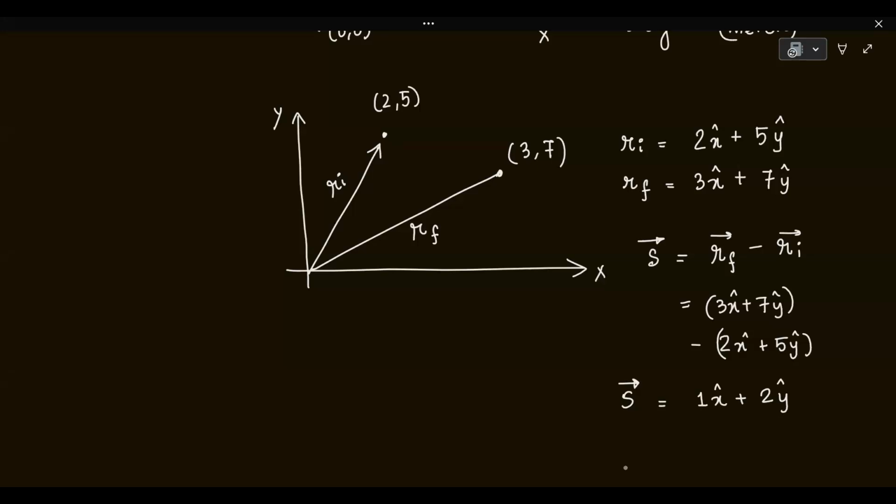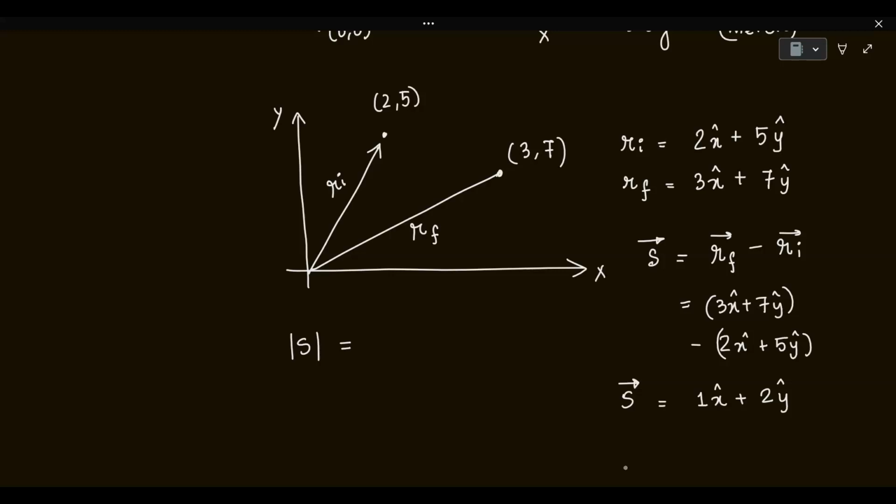If they ever ask you, what is the magnitude of this displacement? Now, again, we are not going too much into vectors because vectors will be starting in the second chapter. Maybe in the fourth lecture, I want to talk more about vector quantities again.